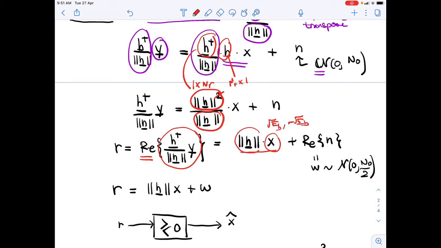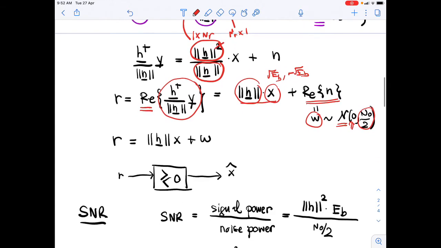This is a real number because it's the norm of the vector, plus we only take the real part of the noise, so we're going to use W to denote that real part. Since it's only the real part, it's not going to be complex anymore. It's going to be Gaussian with mean 0, and the variance is divided by 2, because it's only half of the whole noise.